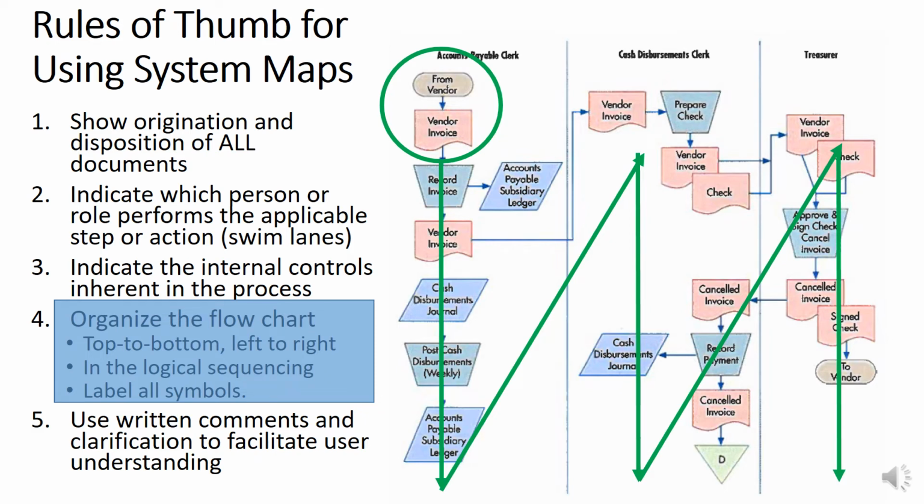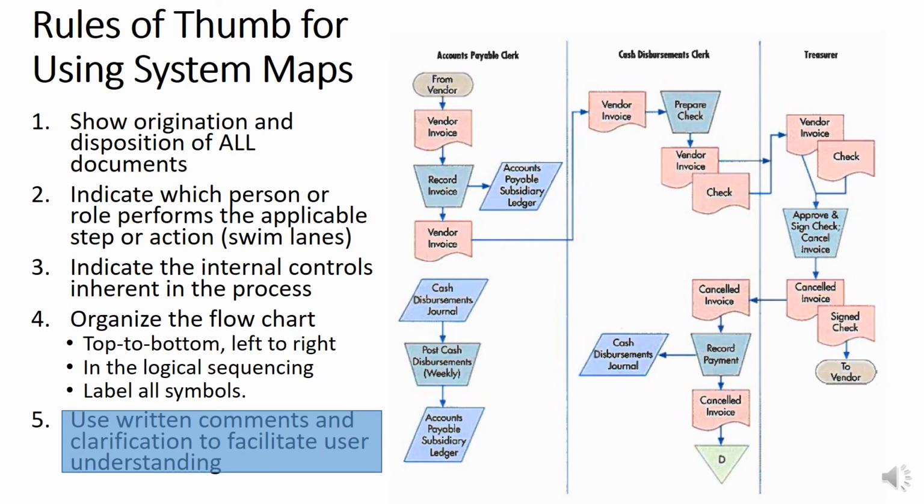And finally, use written comments and clarification to facilitate user understanding. Part of this is embedded in the narrative, but you can also use footnotes at the bottom of your process flow diagram, as well as callouts to help the user understand even more clearly what's going on.